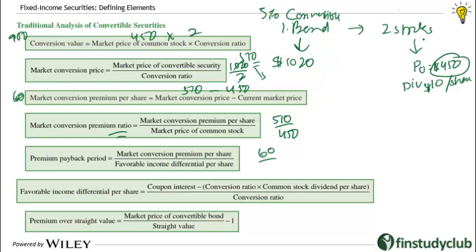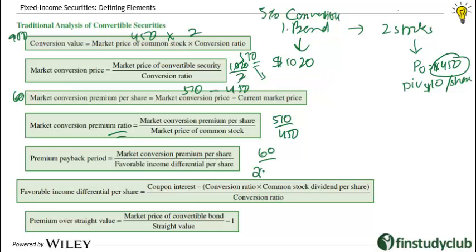So the bond getting converted into 2 stocks, you would have ended up earning 20, right? Or let's say one bond gives you a coupon of 5%, which is $50. So effectively on one stock you end up earning $25.